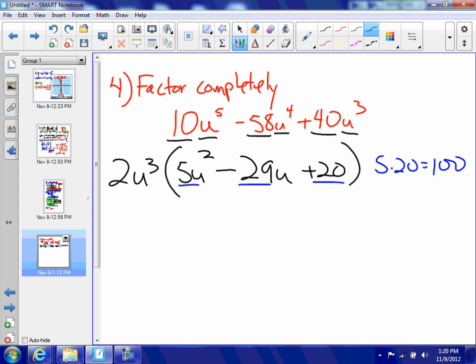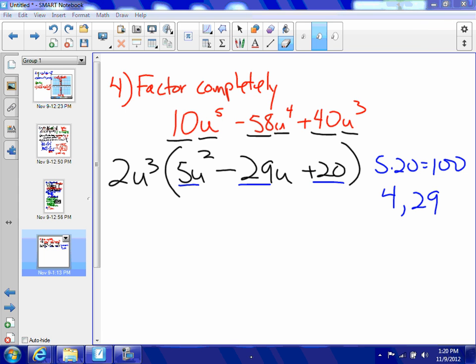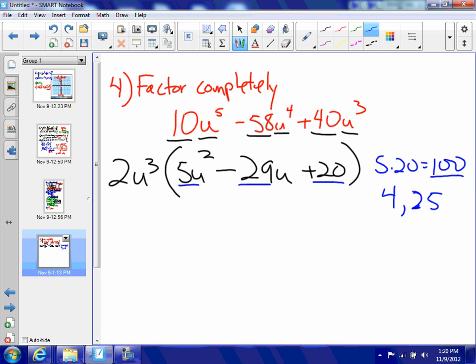Well, certainly 5 and 20 don't do it. That gives me 25 or 15 or something like that. But 4 and 25, if I multiply those two together, I get 100. And if I combine them, I'm going to get negative 29 if they're both negative.